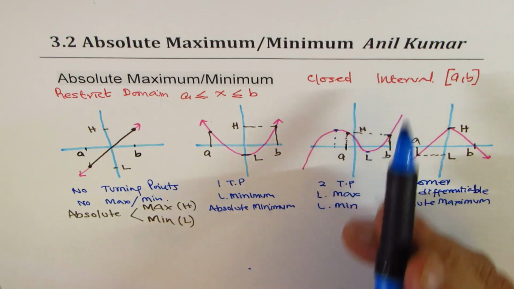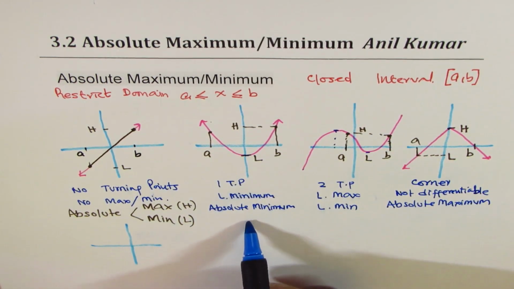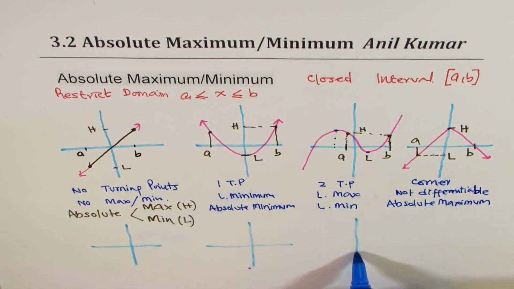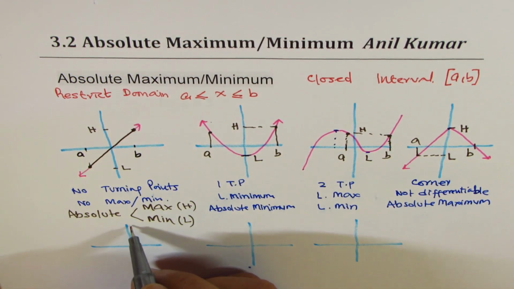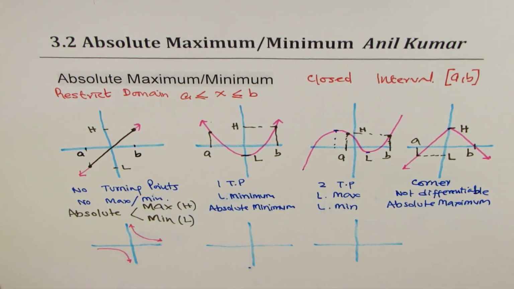This algorithm doesn't really work if we have a function which is kind of like this. So now let me make some functions here where the criteria fails. For example, if I have 1 over x, and if I take value a somewhere here, for example, and b somewhere there, then we will not have absolute maximum and minimum in the given domain.